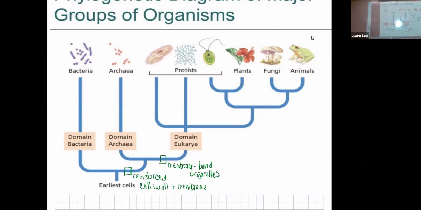Remember, in the archaea and the bacteria, the DNA was just loose and floating around. They didn't really have any membranes other than wrapping around the outside of them. They didn't have mitochondria or chloroplasts. So no membrane-bound organelles. So that gave us some unicellular individuals, mostly.